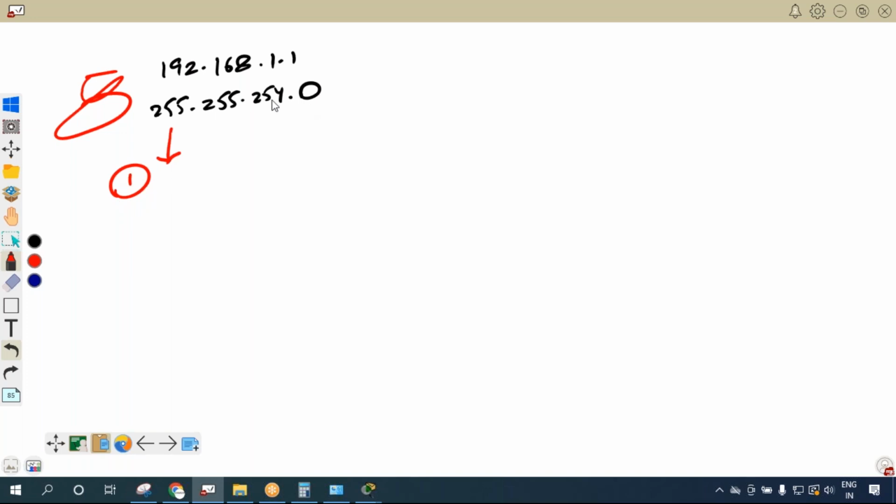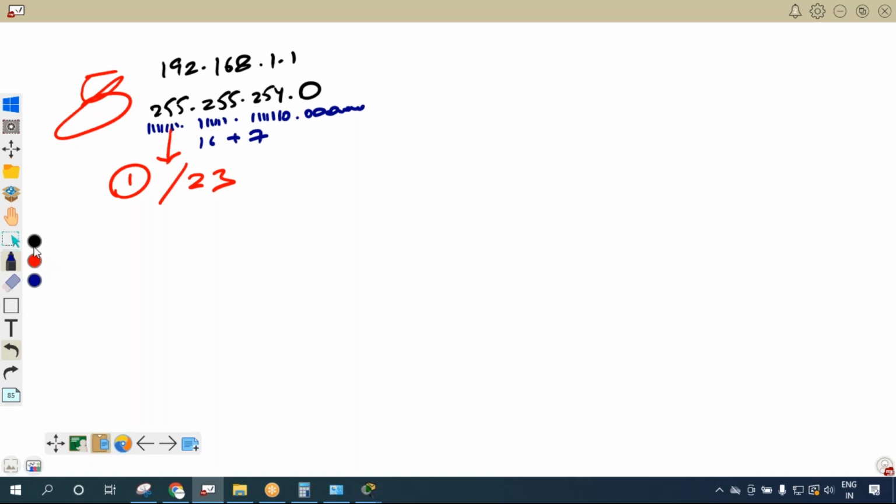As I said, a little experience and practice will be required, so this becomes /23, which we have done right now. 255, 255 and 254 give 23 ones: 8, 16, and 16 plus 7 ones is 23.